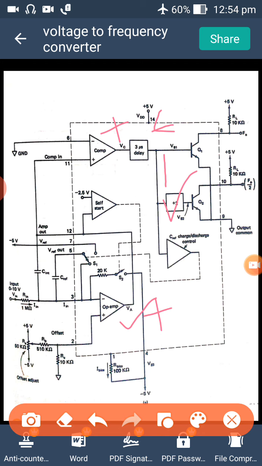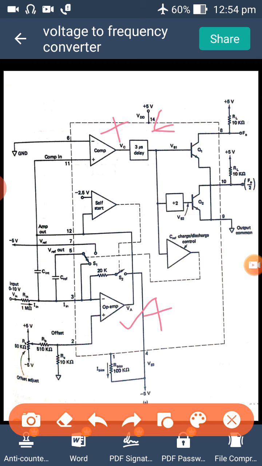It is a negative edge triggered flip-flop, meaning it will be complementing the input that it is getting on the negative edge, right? Whenever the input to this is low, it will complement the output, meaning it will give you a high voltage at the output side.